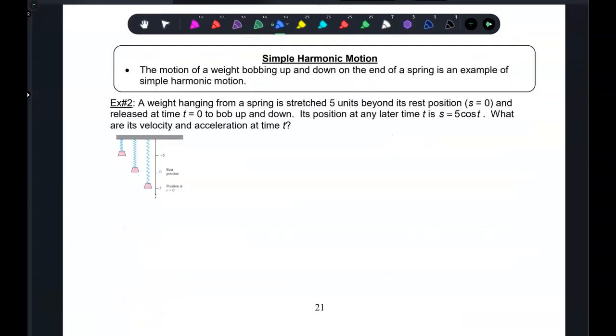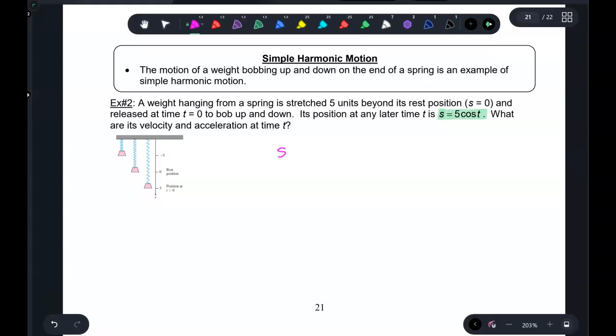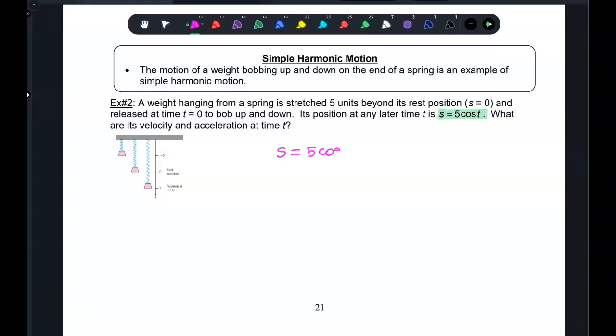All right, simple harmonic motion. This is if we have a weight attached to a spring, it goes back and forth. Here we have a position function, 5 cosine t. We just want to find what the velocity and acceleration are at time t.